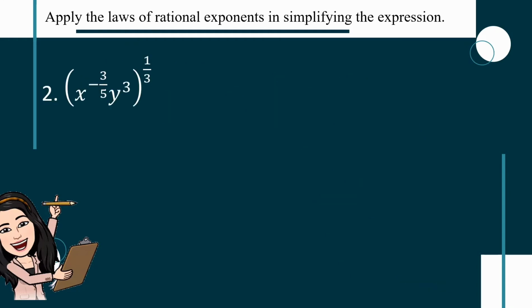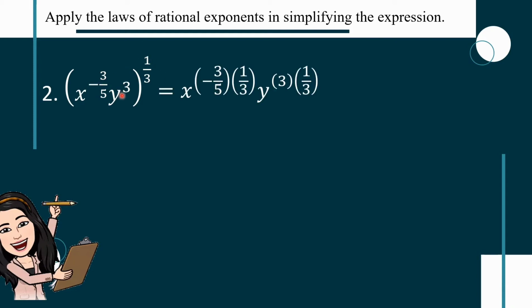Now, let's have another number 2. x raised to the power of negative 3 over 5, y cubed, all raised to the power of 1/3. Applying the laws of exponents, we distribute 1/3 to x and to y.